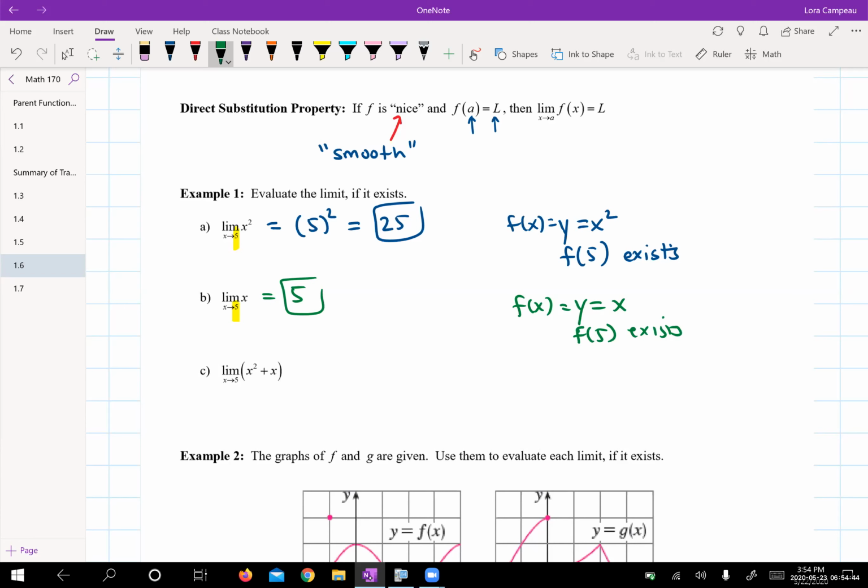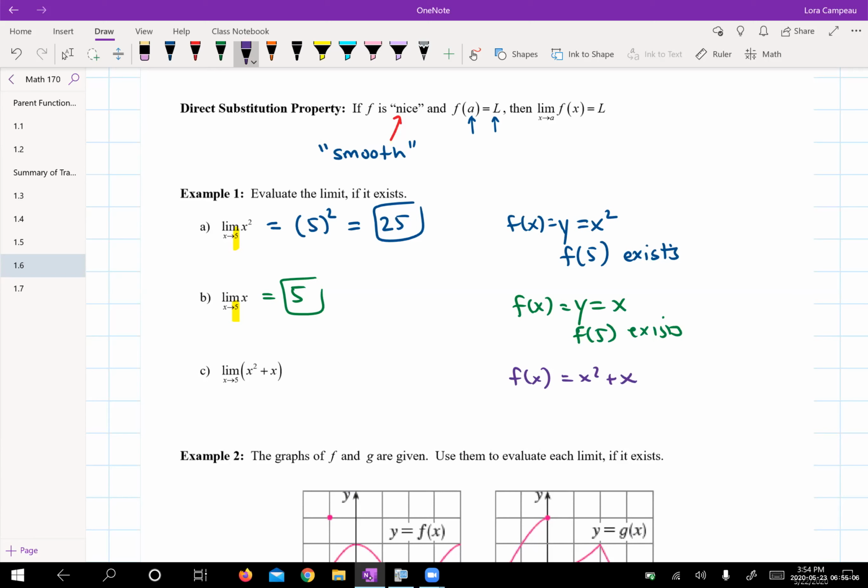What if we have the sum of the two functions? A little bit of a limit property. There are two ways to think about it. The first way, when we're talking about the direct substitution property, the function that we see, x squared plus x, is a polynomial. It's nice, it's smooth.